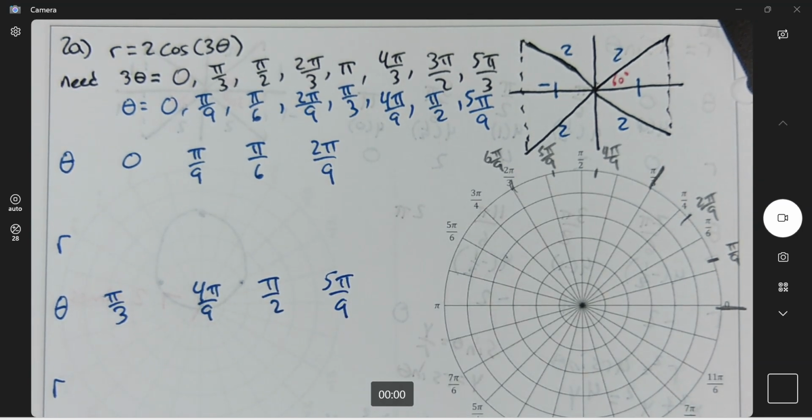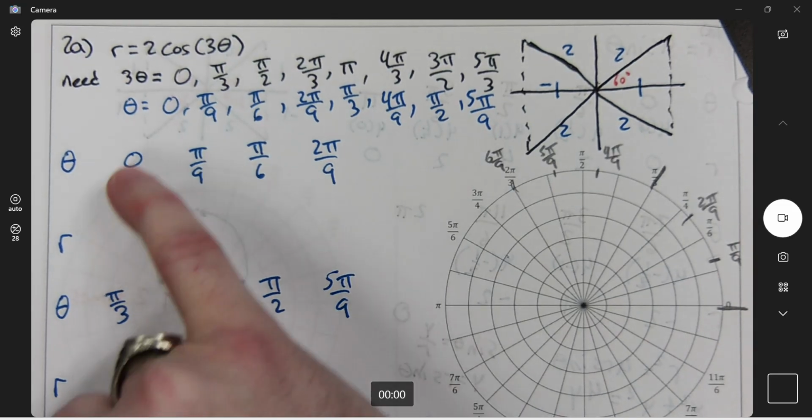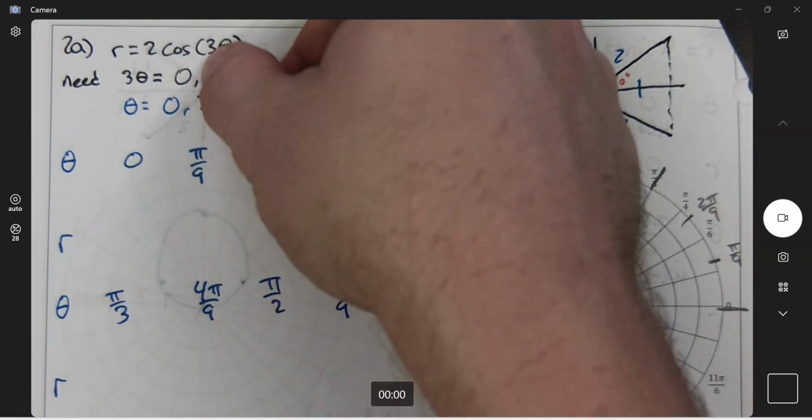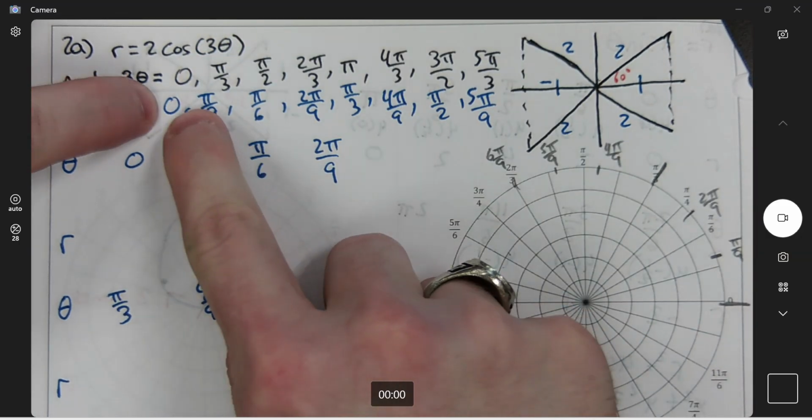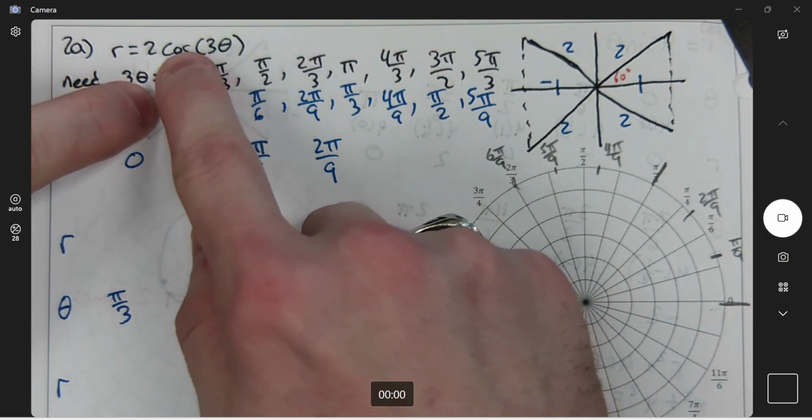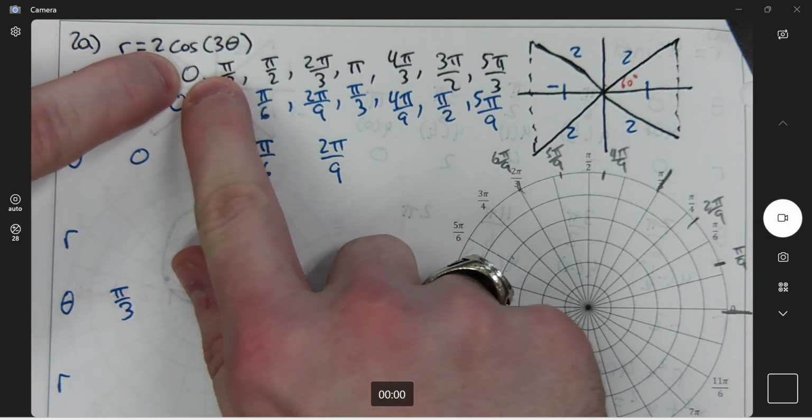What we've done is we have strategically chosen thetas to force cosine of our argument to be the integer and rational values that cosine can give. So we start at 0. 3 times 0 is 0. See? So if we use this blue theta, we're actually evaluating cosine at this black angle.